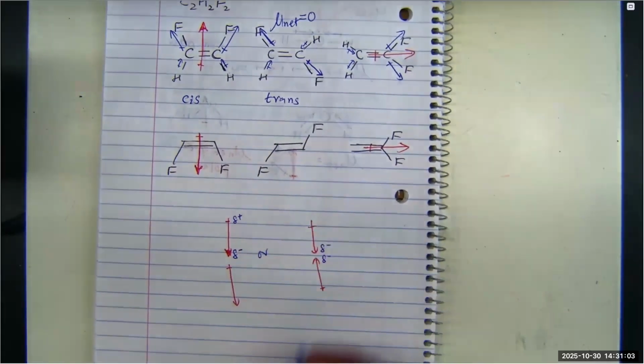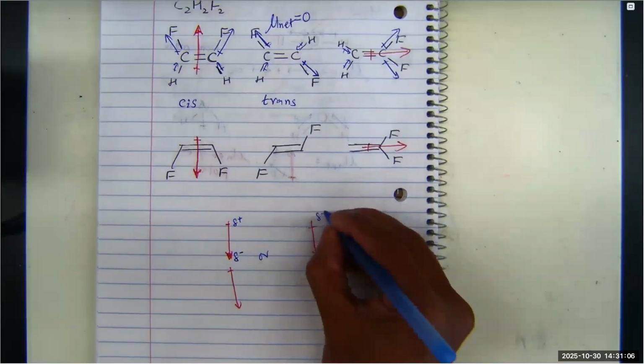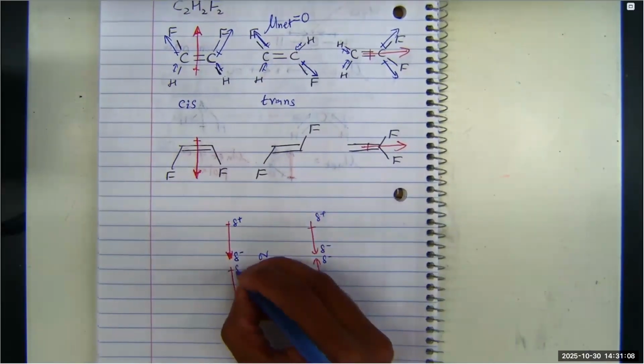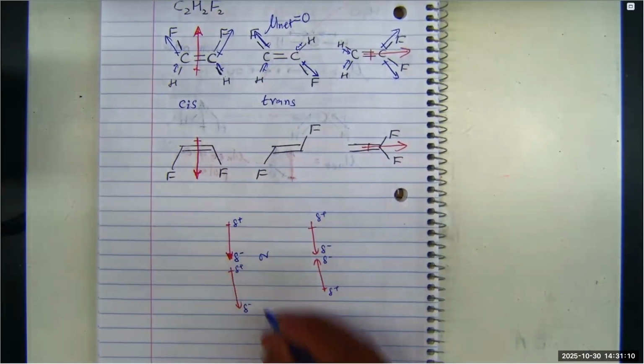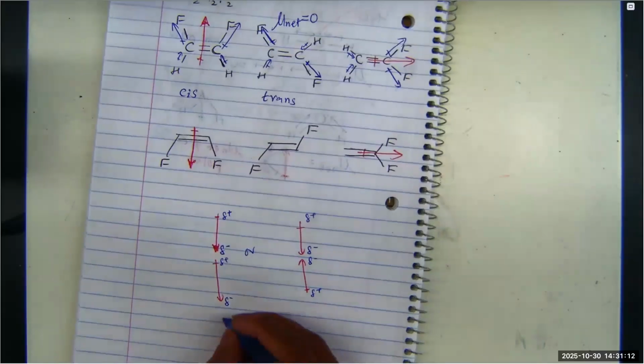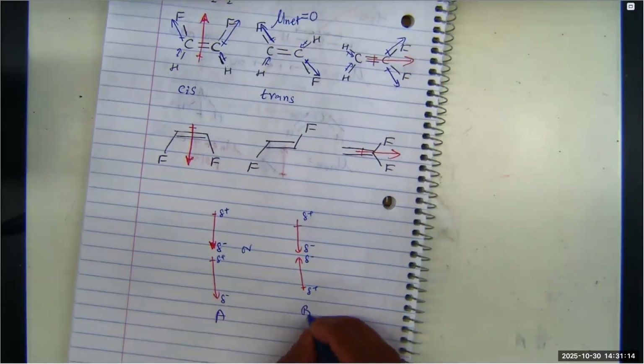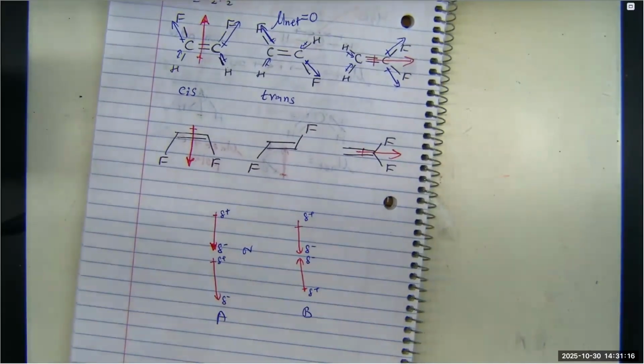This is negative, this is negative, positive, positive. This is positive, this is negative. What is more likely, A or B? Let's take a vote. Who says B is more likely? Who says A is more likely?